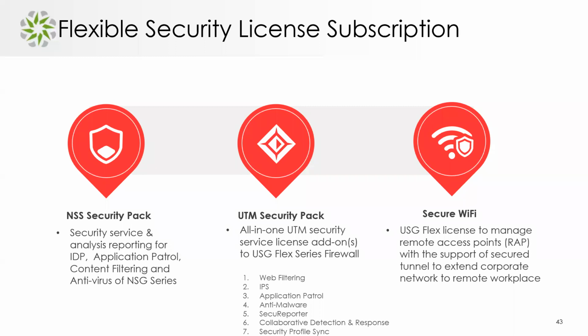So for instance, the USG Flex here gives you web filtering, intrusion detection and prevention, application patrol, anti-malware, secure reporter, etc. Whereas the old NSGs just give you access to IDP, application patrol, and content filtering and antivirus.